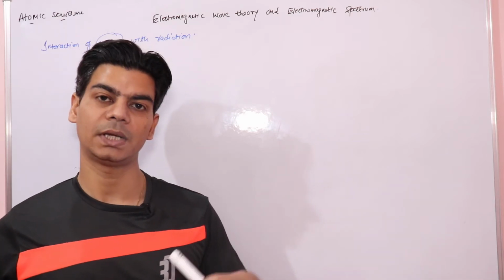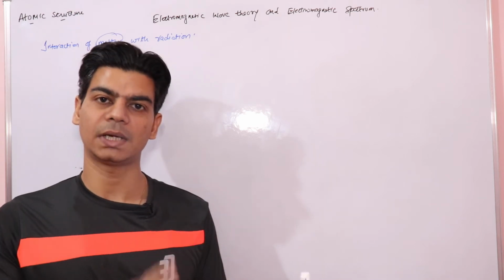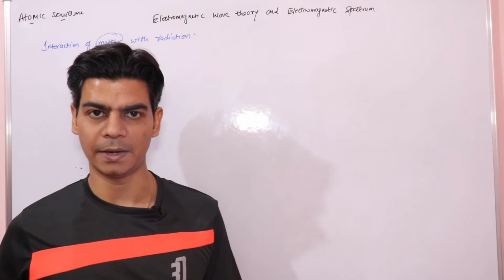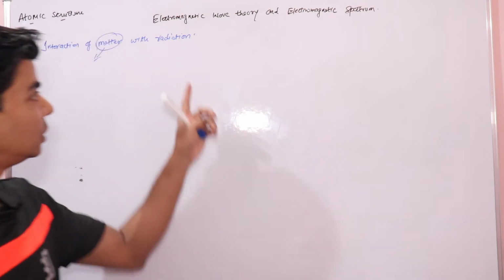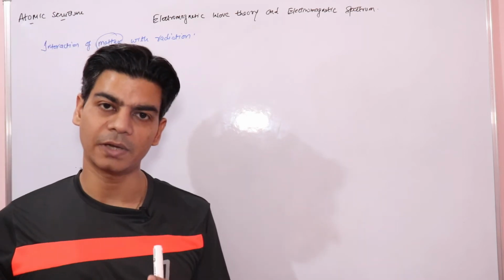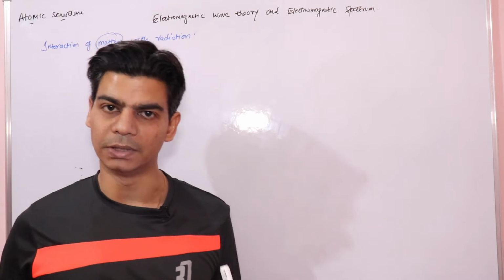When we talk about the atomic level, we will be looking into how electrons are impacted when you heat an atom, when that atom receives heat or radiation. What is the effect on the electrons revolving around the nucleus in an atom?